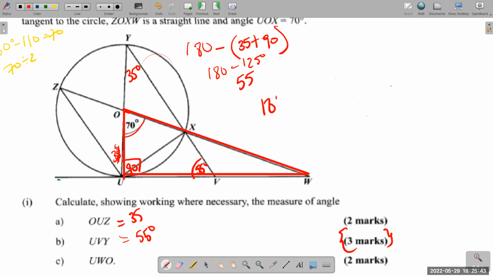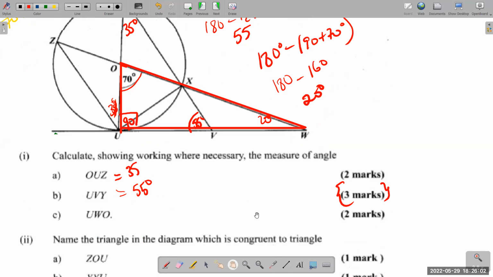So that's 180 minus 90 plus 70. Everybody with me? So that's 180 minus 160. So that's 20. Boom.